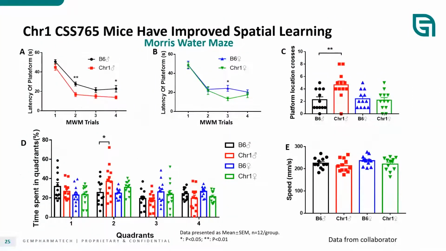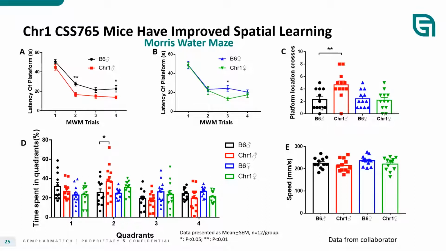Upon initial examination of these animals, you can see that they have somewhat improved movement for both the males on the left, and females, not so different, on the right, with the consomic strain versus the wild strain.